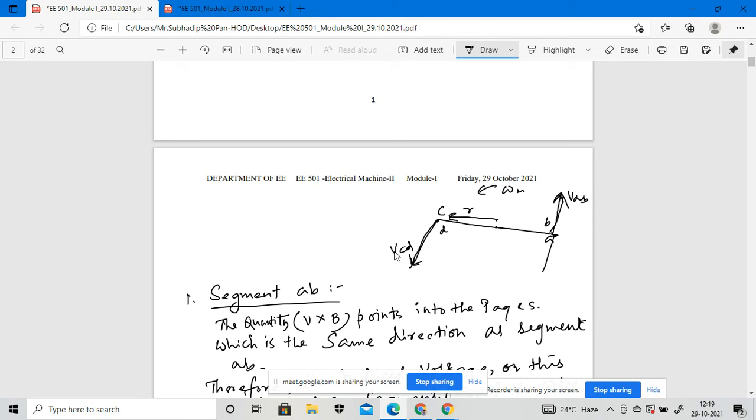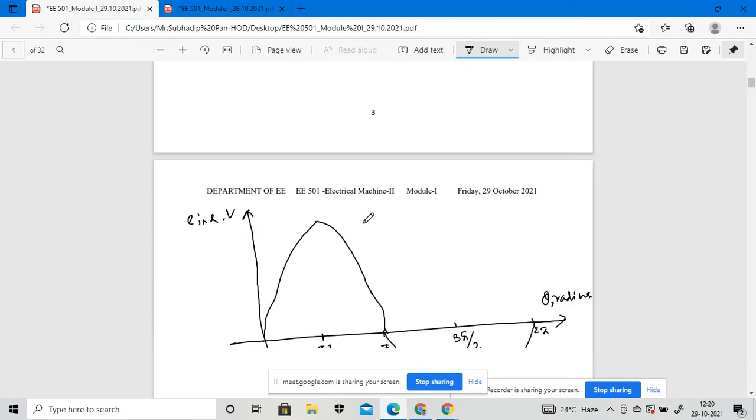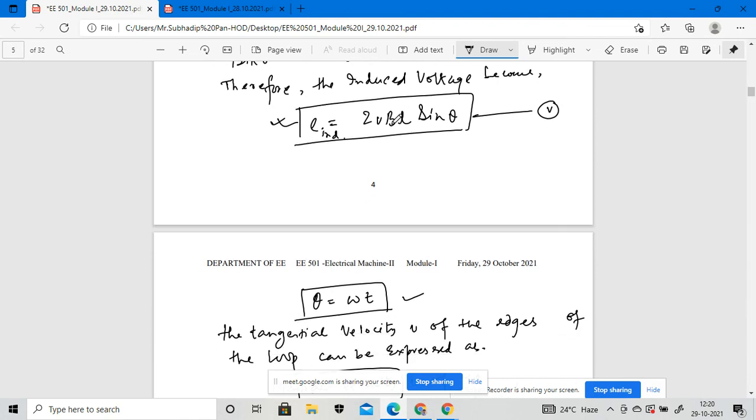So if I substitute this equation, we will put the value of v over here.